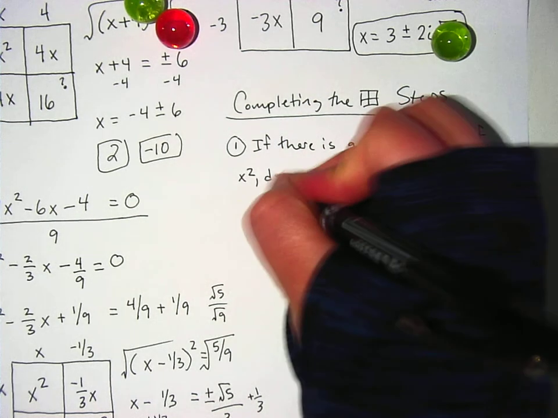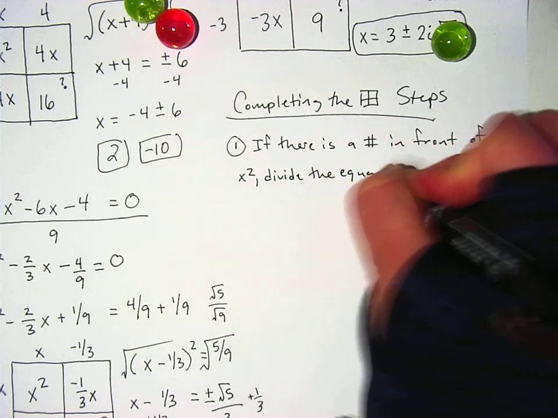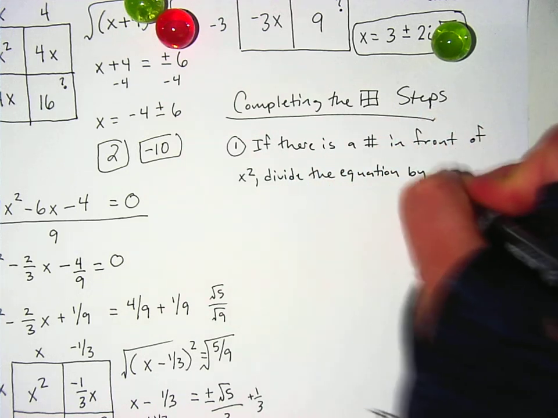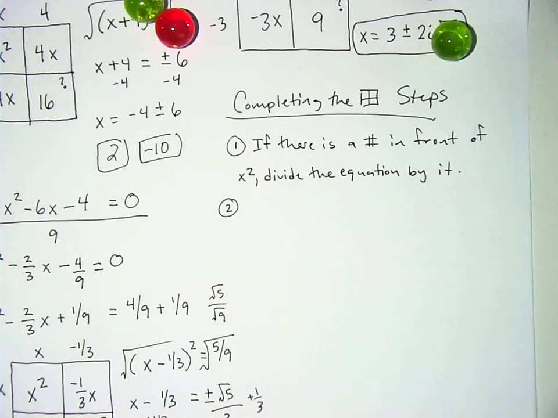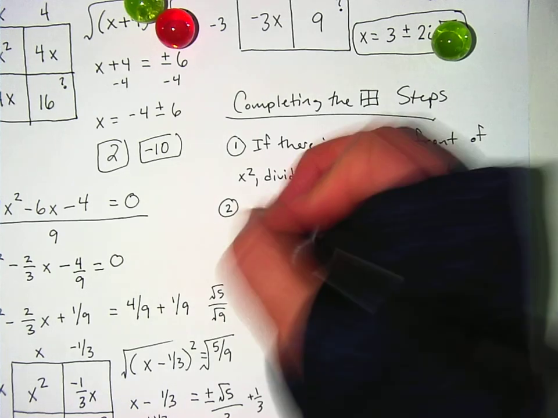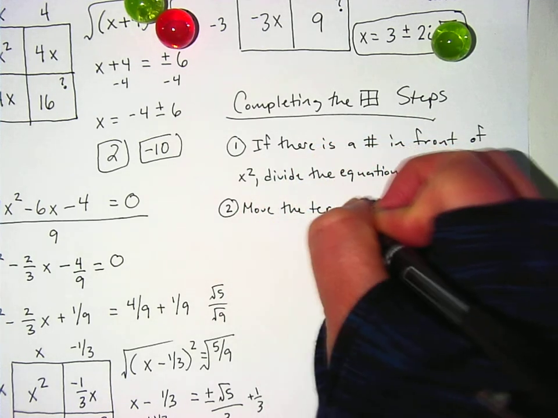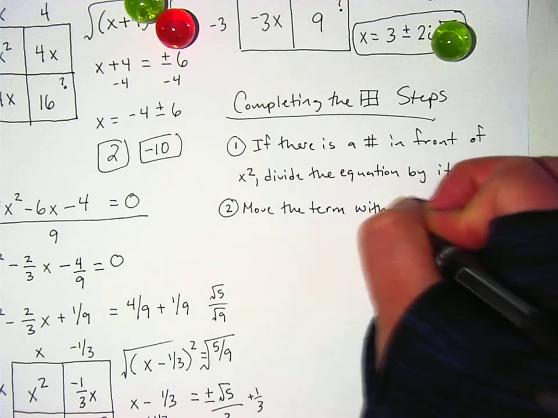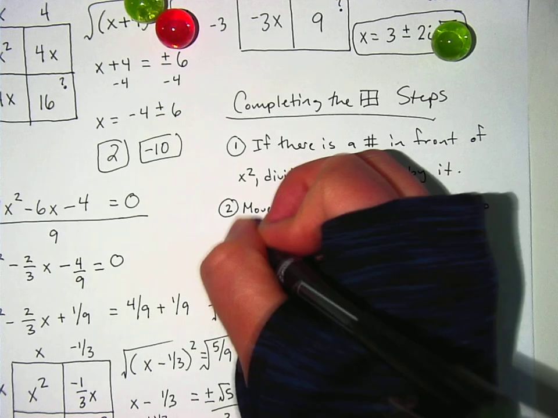Divide by it. Next up, you've got to move the term that doesn't have an x to the other side.